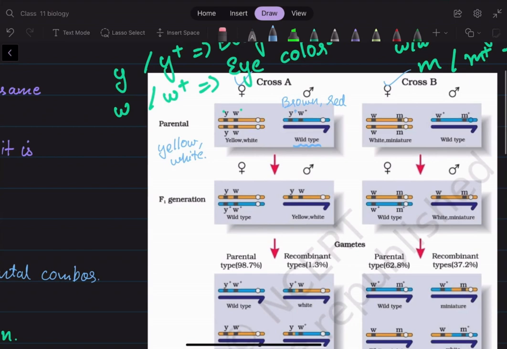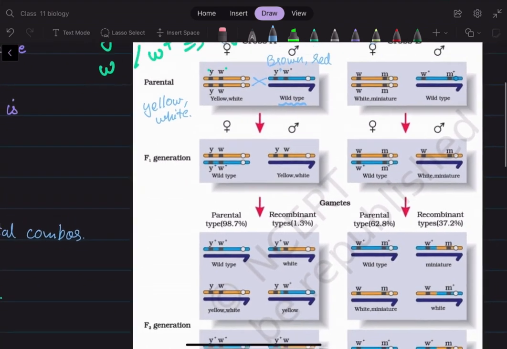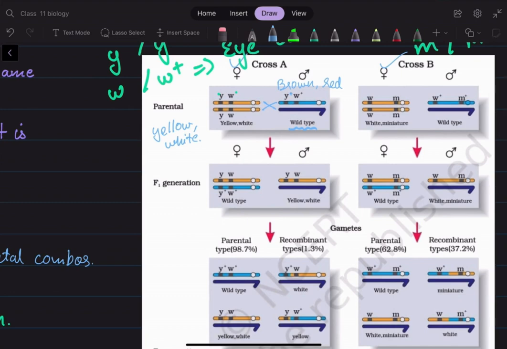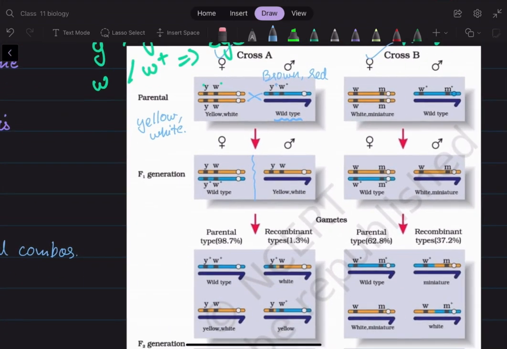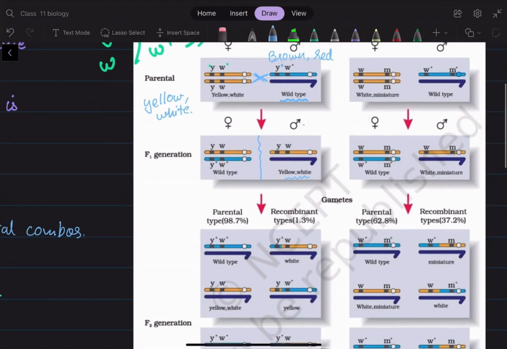If you know the Punnett square, you will easily tell that there are only two possible combinations for this. You will get a wild type female, and you will get a recessive charactered male. There are only two possible combinations, right?